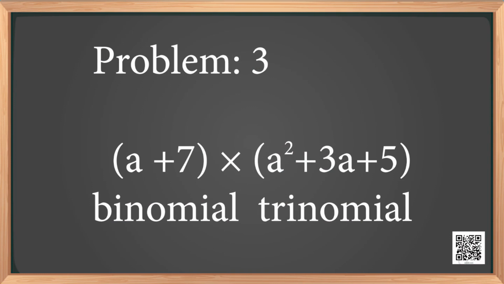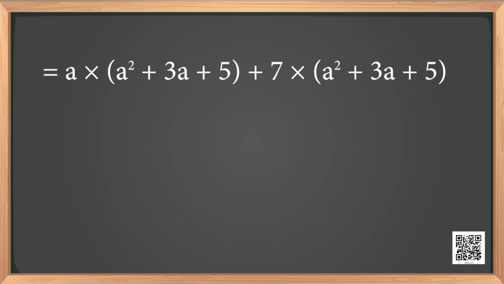Problem 3, (a plus 7) times (a square plus 3a plus 5), where a plus 7 is a binomial and a square plus 3a plus 5 is a trinomial, which is equal to a times (a square plus 3a plus 5) plus 7 times (a square plus 3a plus 5).